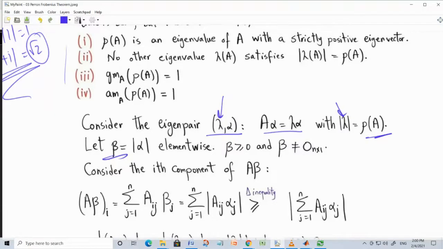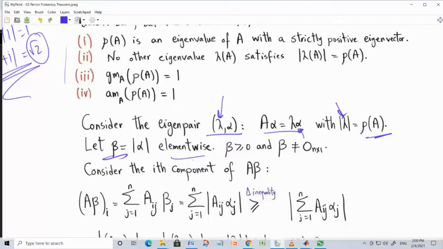You take the components of alpha and you take their magnitudes. So beta is the magnitude of alpha, and here I mean to do it element-wise. You visit vector alpha and take the magnitude of each element in alpha.